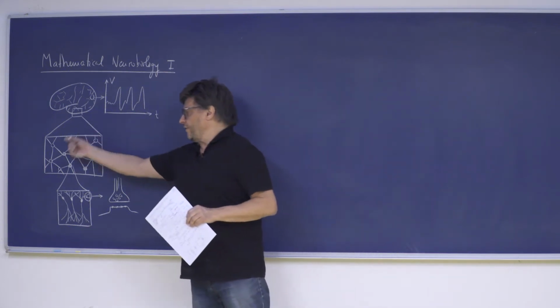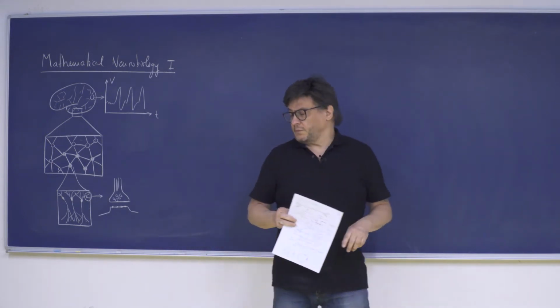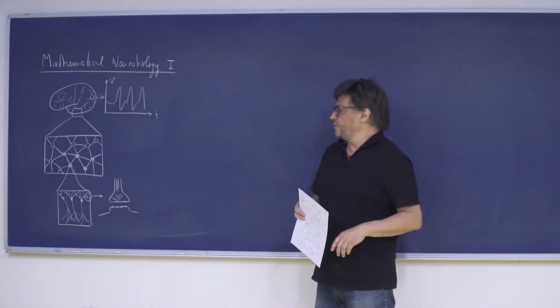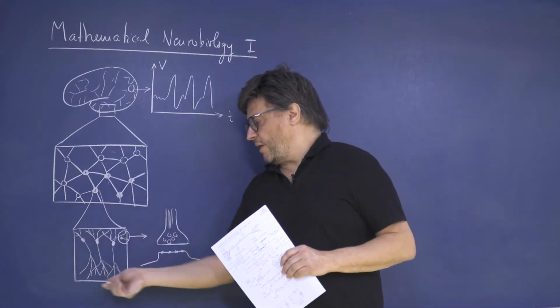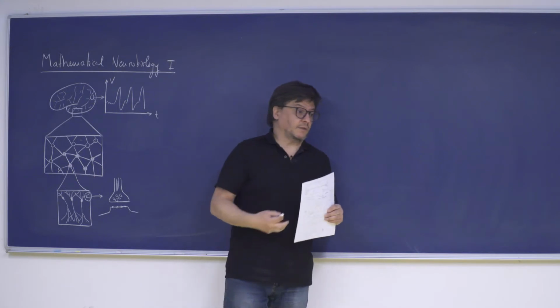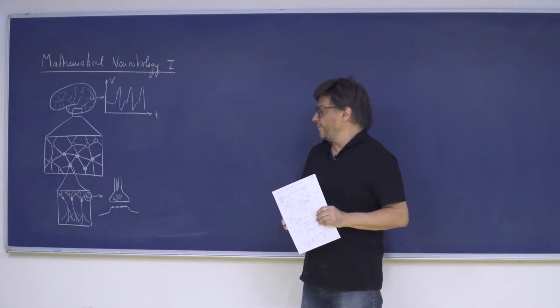So you could think in terms of areas that are more or less connected through long-distance connections. But of course, each of these areas is actually made of thousands or millions of neurons, depending on the scale.